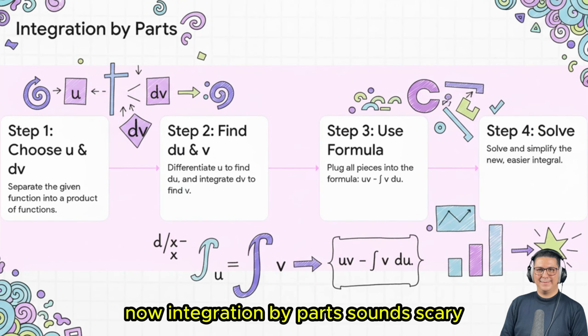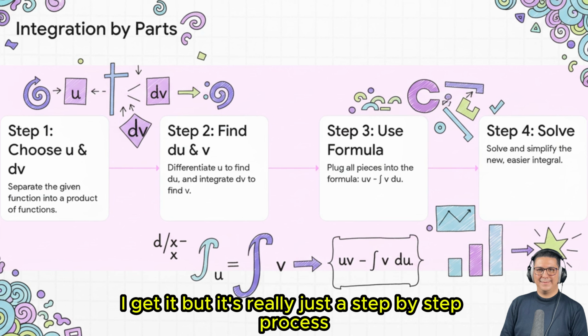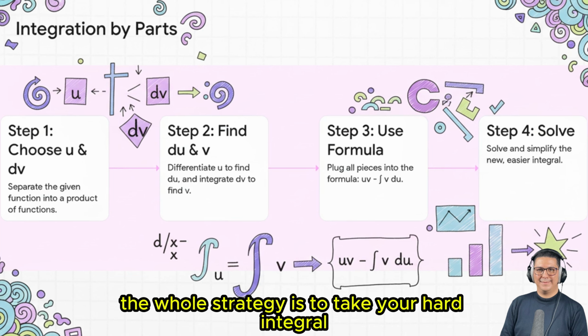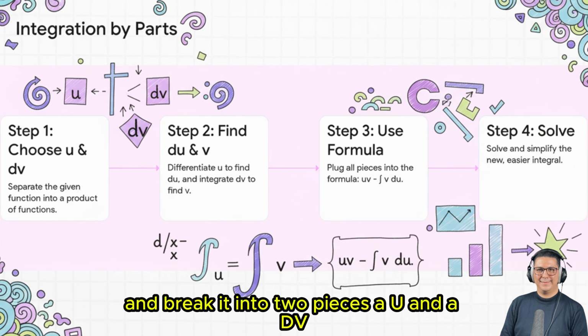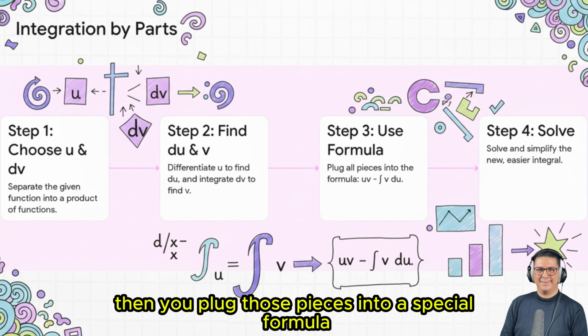Now, integration by parts sounds scary, I get it, but it's really just a step-by-step process. The whole strategy is to take your hard integral and break it into two pieces, a u and a dv. Then you plug those pieces into a special formula.